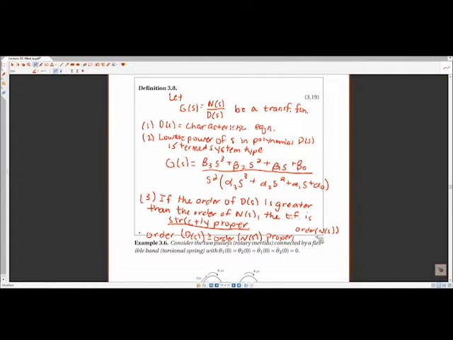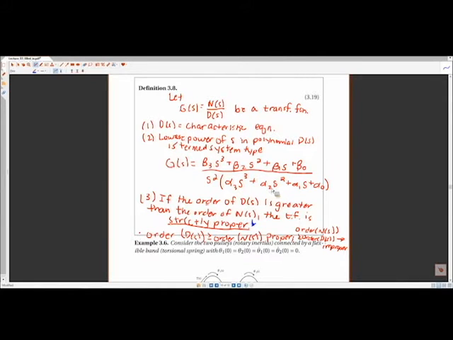If instead the order of N of S is greater than or equal to the order of D of S, we'll call that improper. Let me draw an arrow. So those are just definitions. But for this class, we'll be working with this one, the strictly proper.